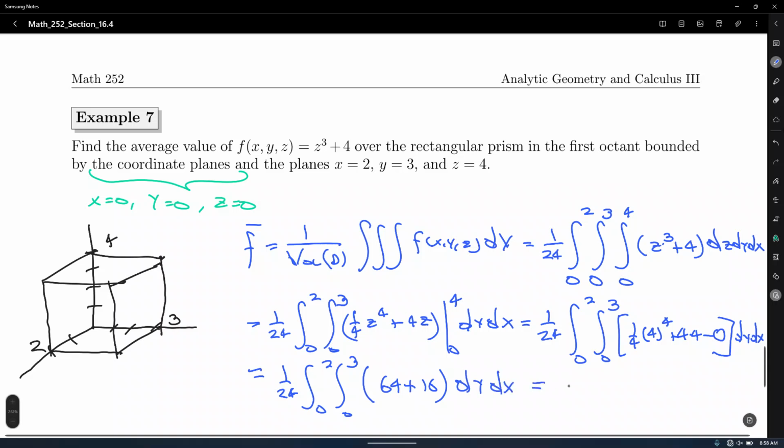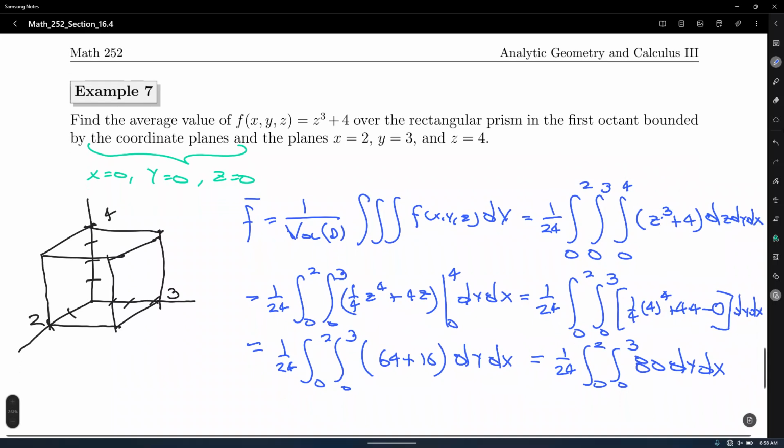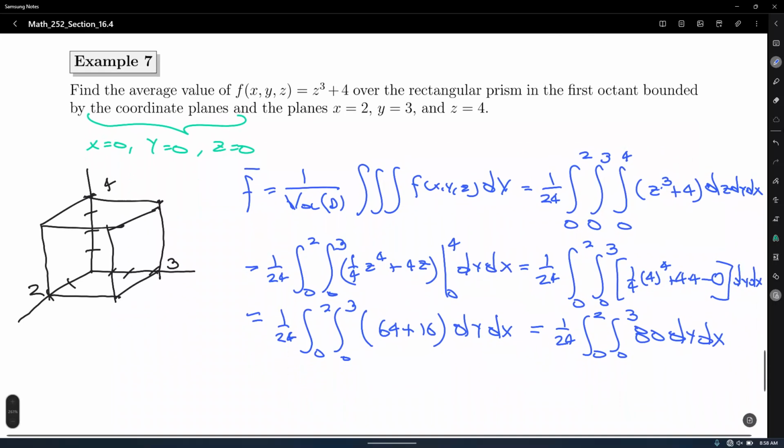Okay, so that'll be 1 over 24, the integral from 0 to 2 and from 0 to 3, times 80 dy dx. Let me take that 80 outside of the integral. That'll be 80 over 24, integral from 0 to 2 and from 0 to 3, dy dx.